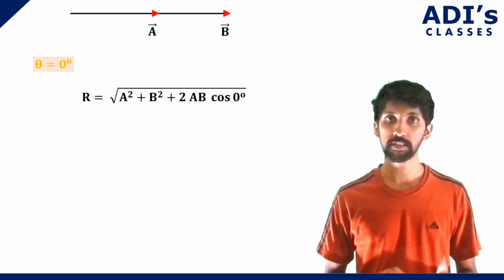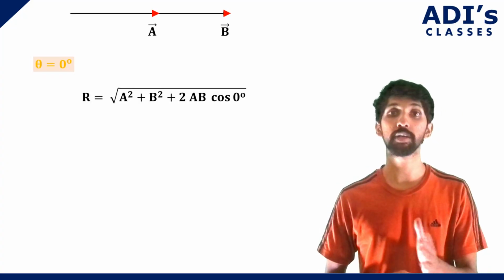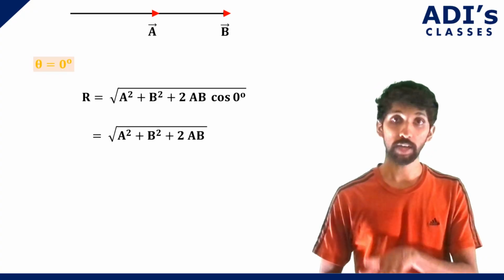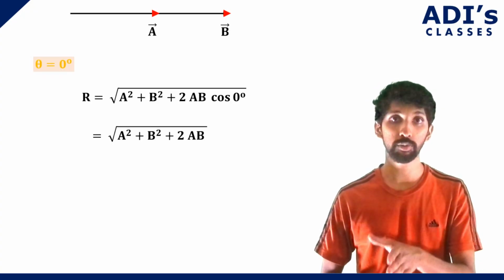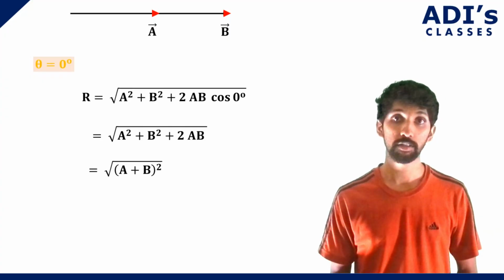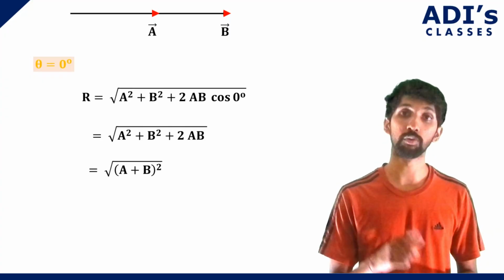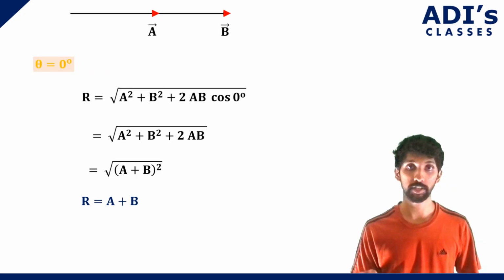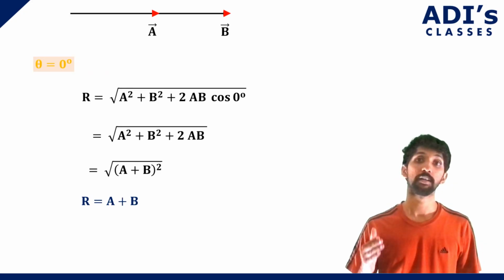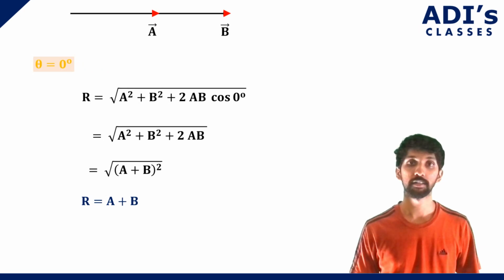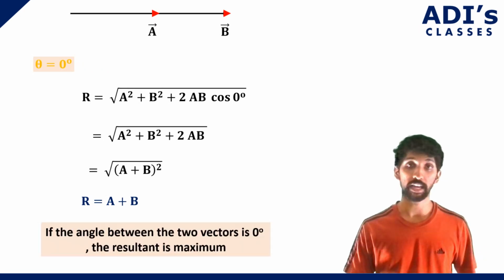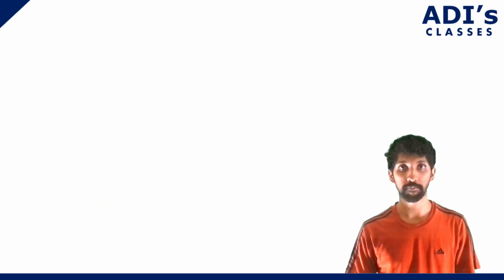So substitute: A square plus B square plus 2AB cos 0. What is cos 0? 1. So you end up with A square plus B square plus 2AB, which is A plus B whole square. So R is equal to the root of A plus B whole square, so R is equal to A plus B. This is the maximum resultant. Meaning if the angle between two vectors is 0, the maximum resultant comes.